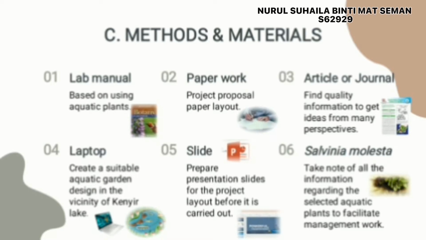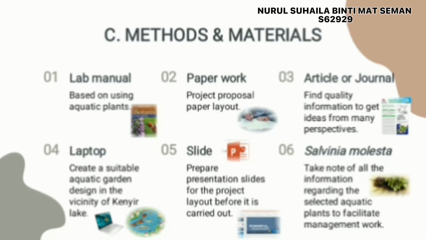Fourth, a laptop: we use a laptop to create a suitable aquatic garden design in the vicinity of Kenyir Lake. Next, slides: we prepare a presentation slide for the project layout before it is carried out.